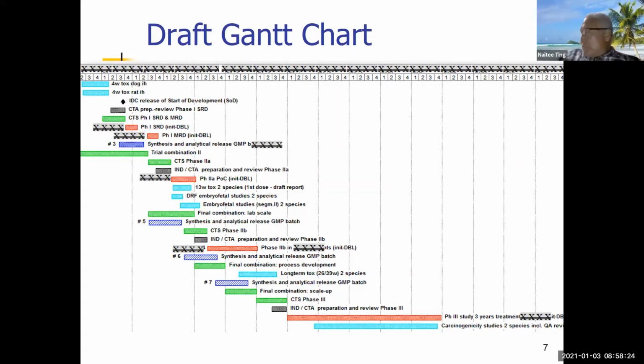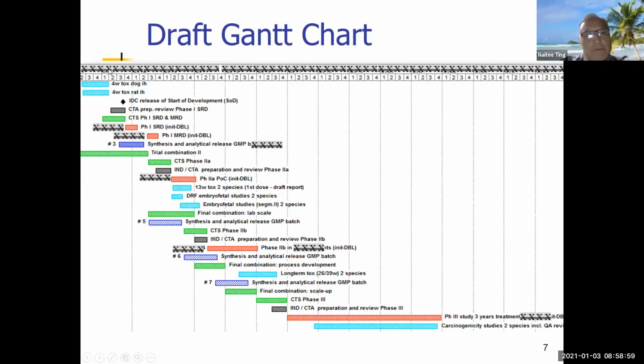Here, we're looking at probably a 10 to 12 year development plan. Now, if today is 2021, and we're planning for this drug to be approved in maybe 2031 or 2032, something like that.